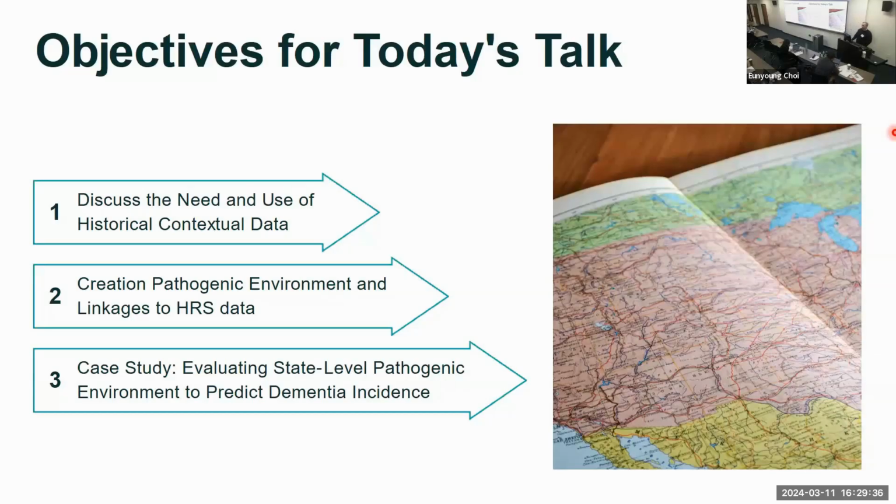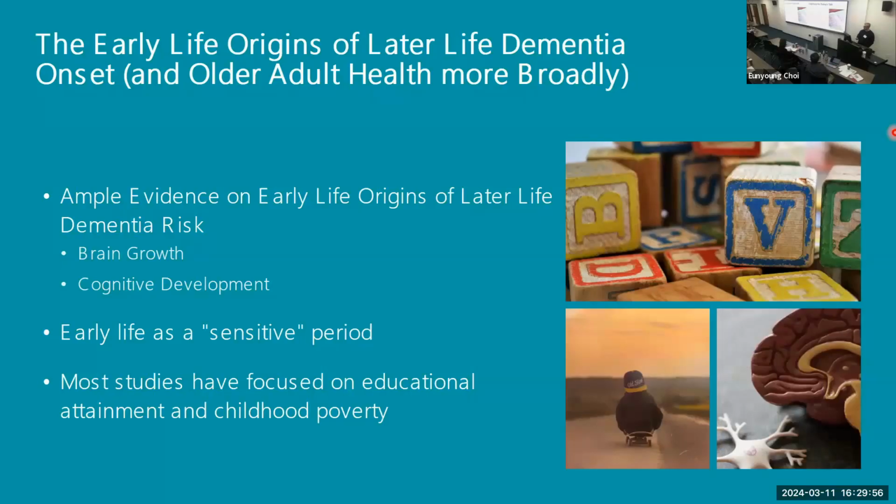I'm going to talk about the creation of the pathogenic environment at the state level and linking it to the HRS data, which hopefully eventually will be a public resource. And then I'm going to provide a sort of case study in which I was using state level pathogenic environment to predict dementia incidence, and what was kind of a surprising result, and how strong it was actually. So early life origins of later life dementia, and also really when I think about this, older adult health more broadly, right?